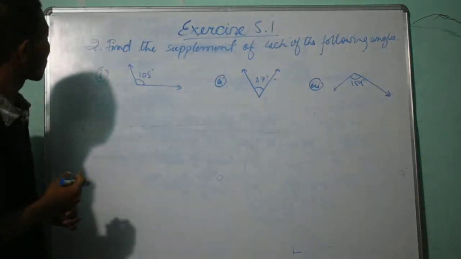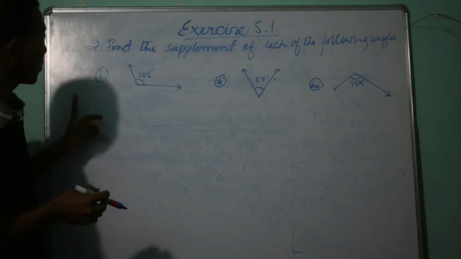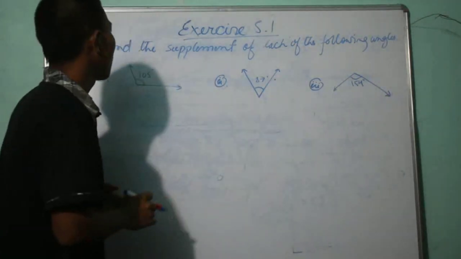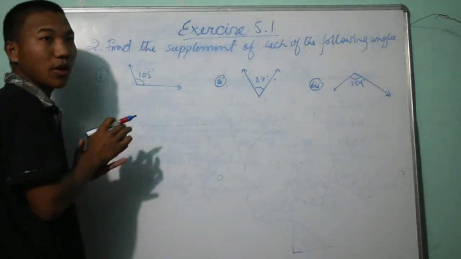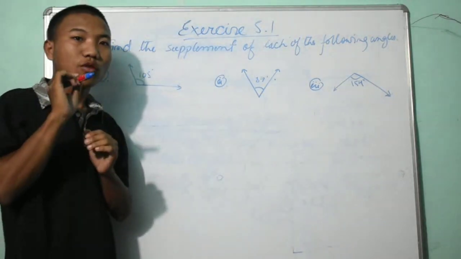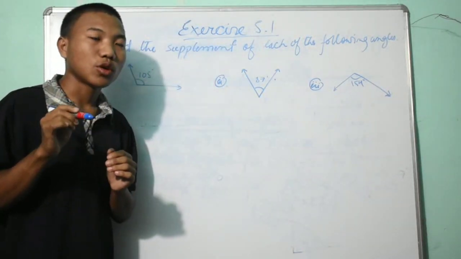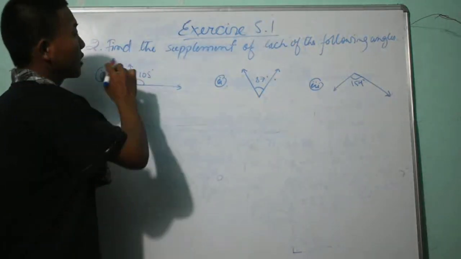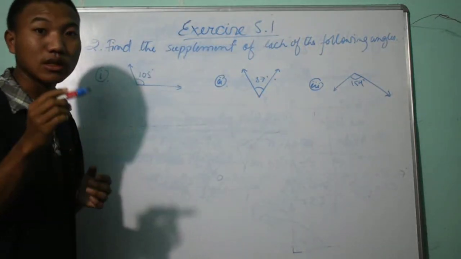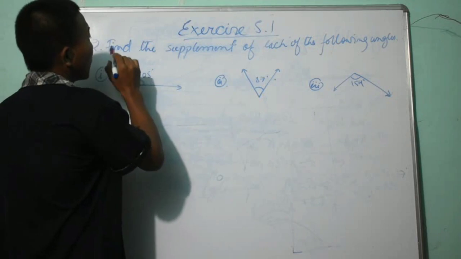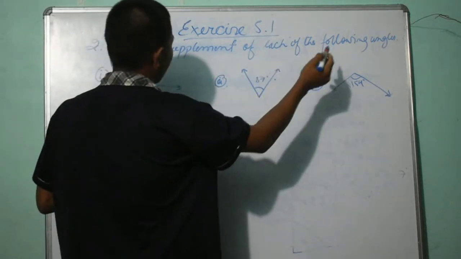Let us try to solve question number 2, Roman numbers 1, 2 and 3. First, let us read the question. Before we start solving any problems in math, we have to first understand what the question wants us to find. So let us read. Find the supplement of each of the following angles.